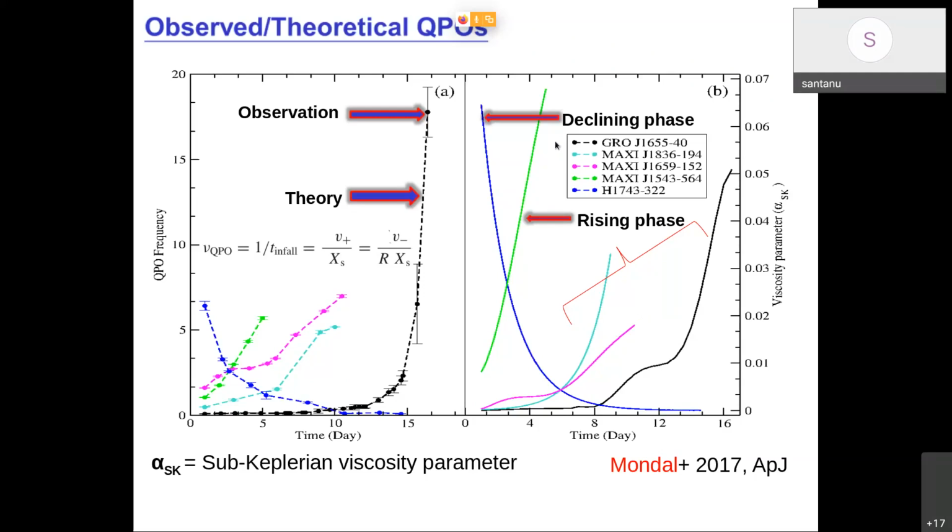However, in the declining phase we can see the opposite, this blue line, and we see that viscosity decreases monotonically. So this satisfies the theoretical QPOs and observed QPOs, and also consistently gives the viscosity parameter.